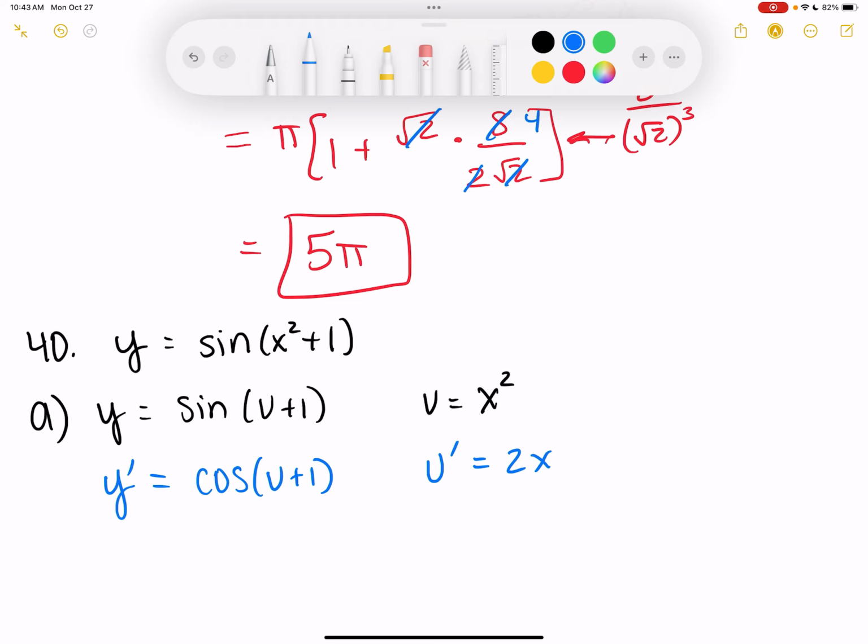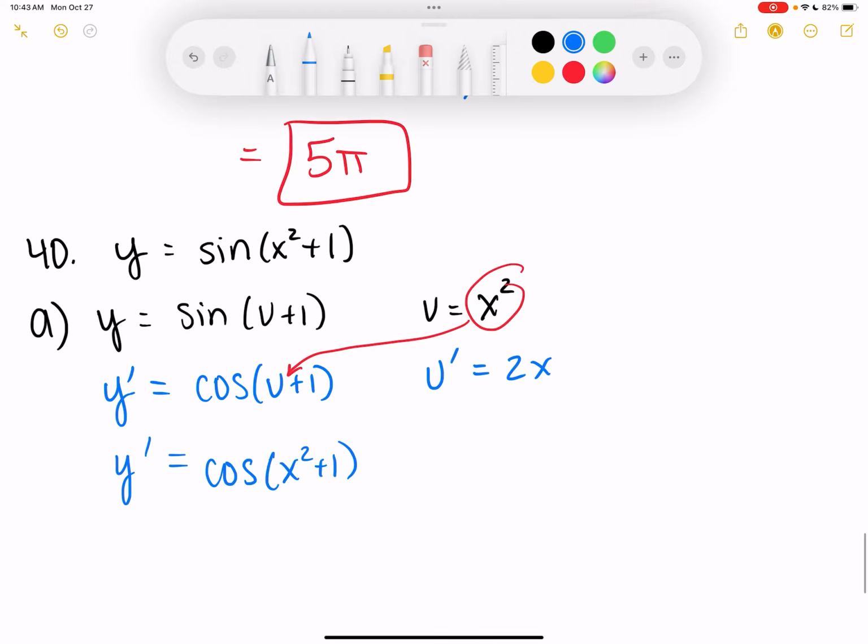So before I do anything else, I have to take this x squared that was u and plug it in for u in this first thing. So then y prime is equal to the cosine of x squared plus 1. And then to get our full derivative, we would have the cosine of x squared plus 1 times 2x.